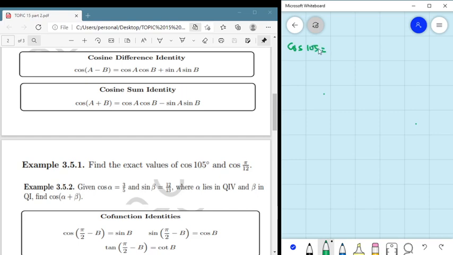But if we use the 60 degrees and 30 degrees, the special angles on the circle, 105 can be expressed as a sum or difference. It can be a sum, so it would be cosine of 60 plus 45.